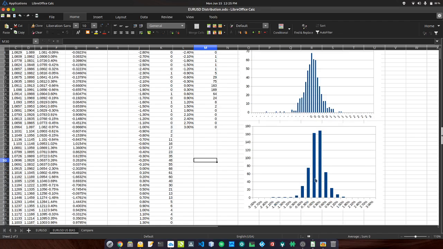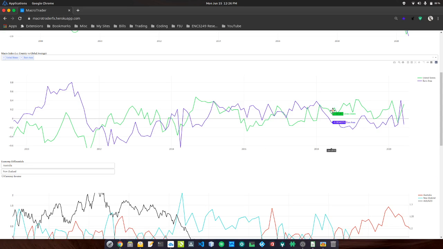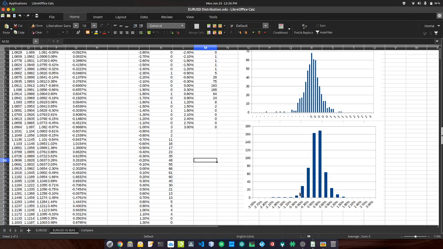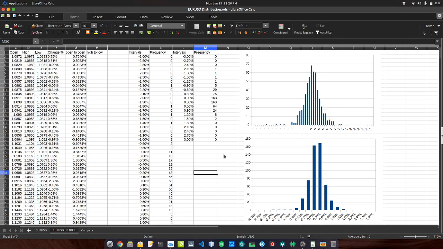And the same thing here, just larger bins or classes that these are grouped into. But you can see very few big moves against you and many more bigger moves in your favor. So statistically speaking, if you trade with the economics and with MacroTrader software, you're way ahead.